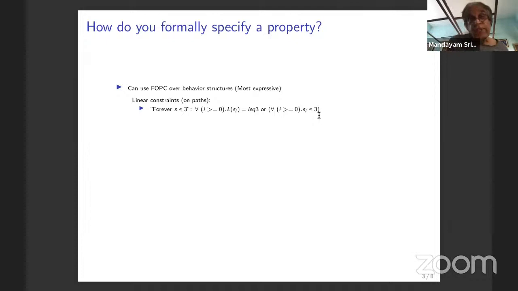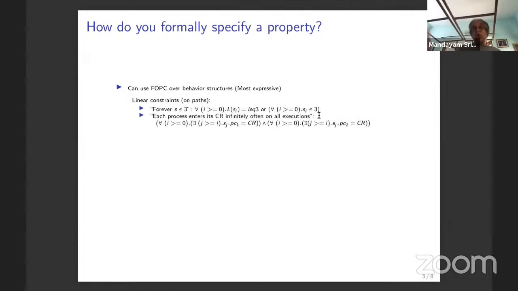First order predicate calculus is a very powerful language to express all kinds of properties, even non-computable functions can be expressed. But we are interested in these kinds of behaviors.